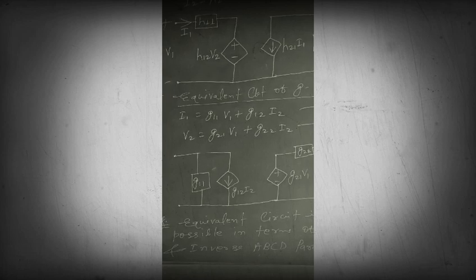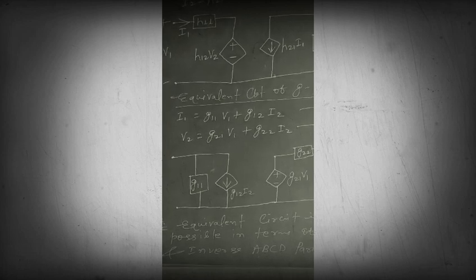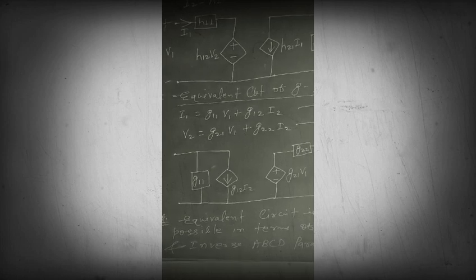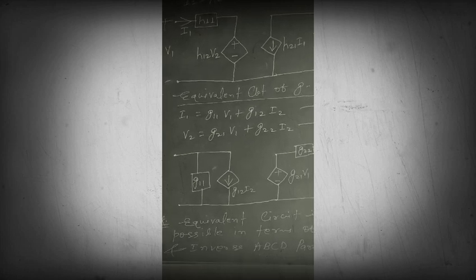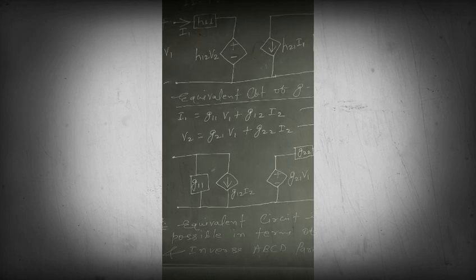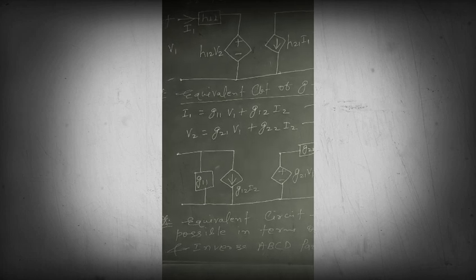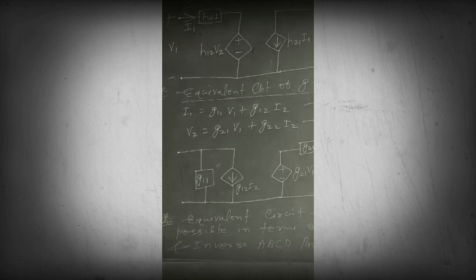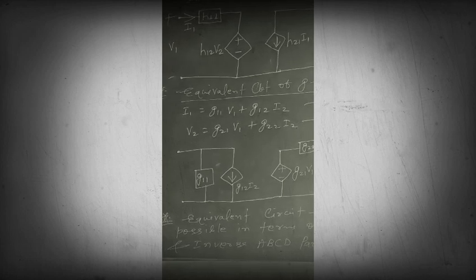So when you put the dependent source for these two things, you would have to take two constants, and it is not possible to take two constants simultaneously. Hence we cannot write the equivalent circuit for ABCD parameters.